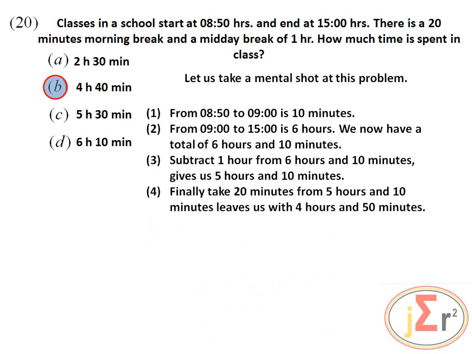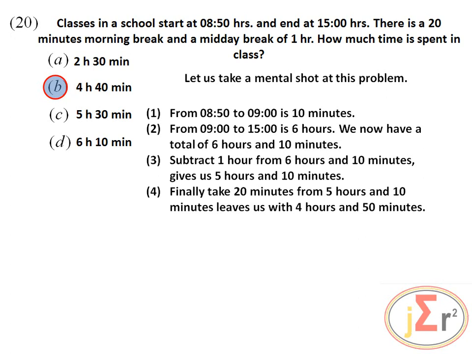So from 8:50 to 900 hours is 10 minutes. Okay, so we have 10 minutes right there. From 900 hours to 1500 hours is 6 hours. So we have from 8:50 to 9 is 10 minutes, and from 9 to 15 is 6 hours. So we have what? 6 hours and 10 minutes.